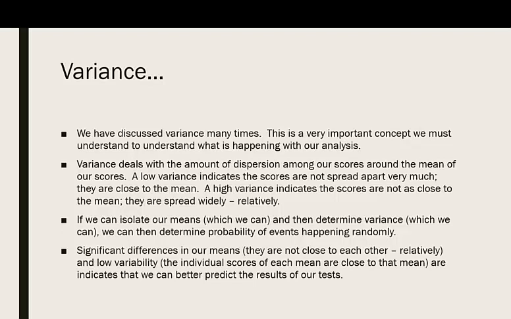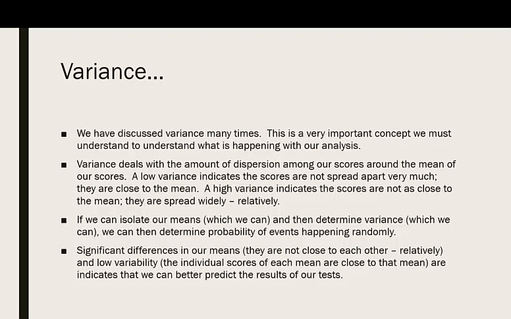Significant differences in our means, meaning that they are not close to each other. And I always say relatively here because it depends on what we're looking at. But just conceptually, if we have significant differences in our means and low variability, meaning that our means are spread apart and our scores with low variability are centered around the means, then there's very little overlap between the 2 groups that we've been looking at.